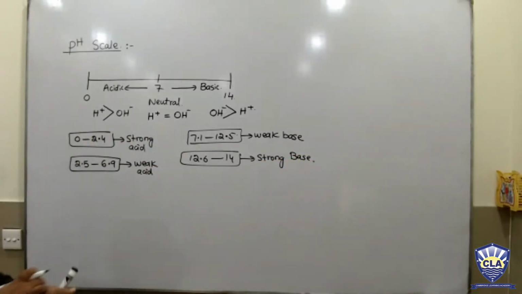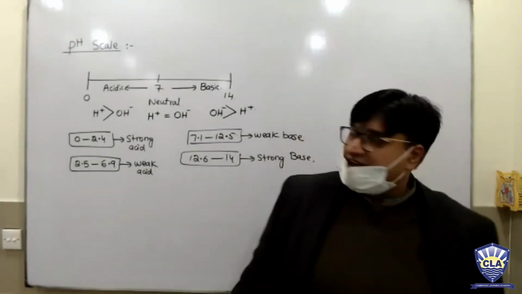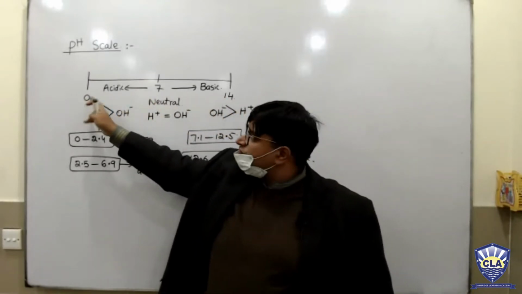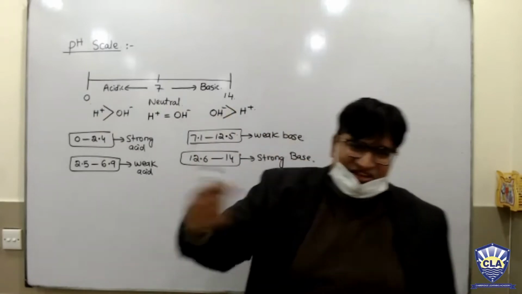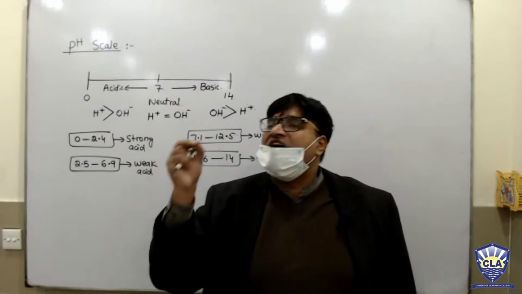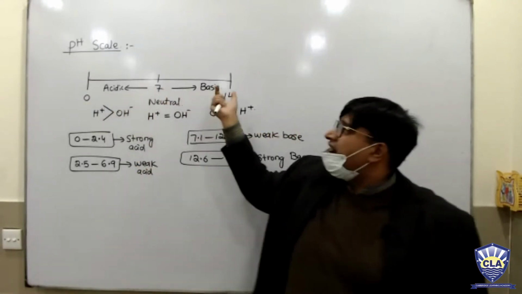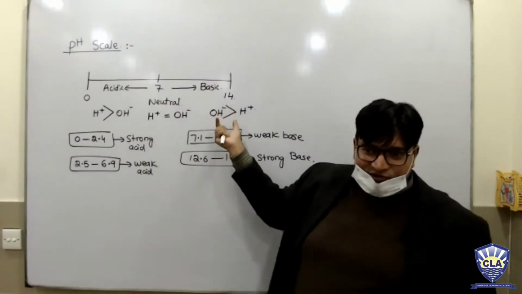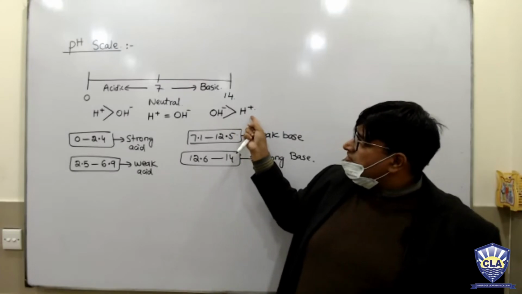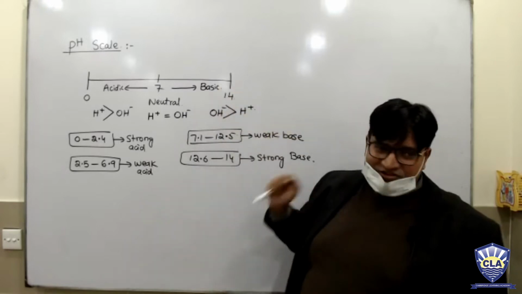You got it, beta? So till now we have discussed the pH scale. I have told you it ranges from 0 to 14, and I told you yesterday how you could calculate pH. It is based on the concentration of hydrogen ions. Hydrogen ions are present in the acid and in the base as well. The bases do contain H positive ions, but the H positive amount is less compared to OH negative in bases.